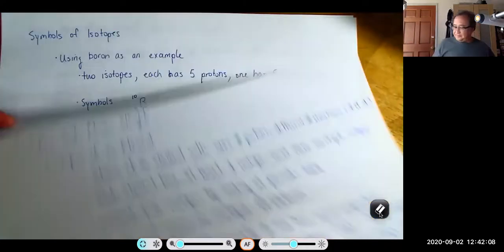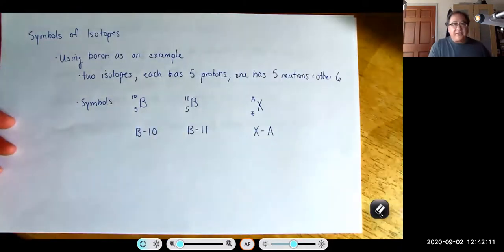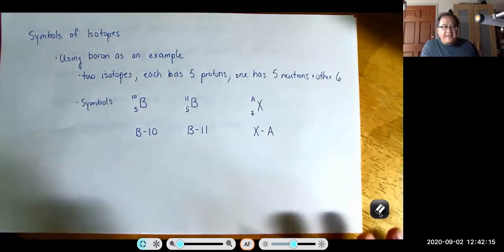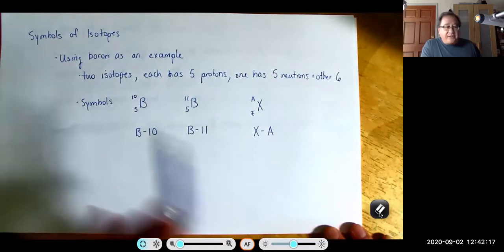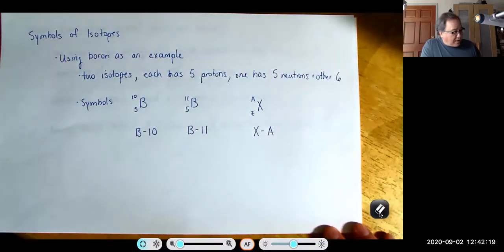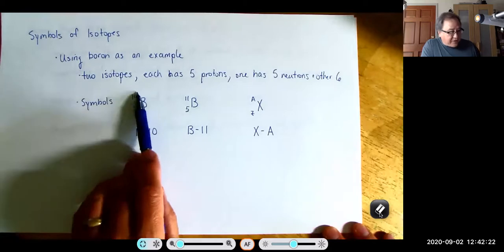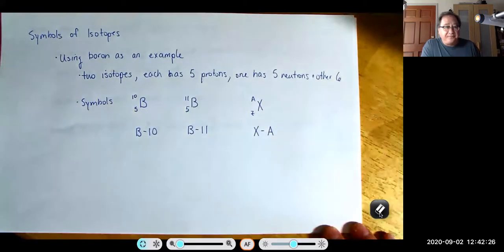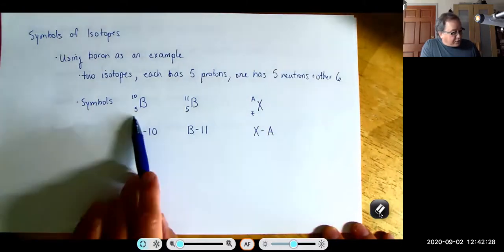All right, let's take a look at symbols of isotopes. I've already spoken about this before, but I wanted to make it as plain as I can, using boron as an example. Boron has 2 isotopes, each has 5 protons. One has 5 neutrons, the other has 6 neutrons. So here are the 2 standard symbols.